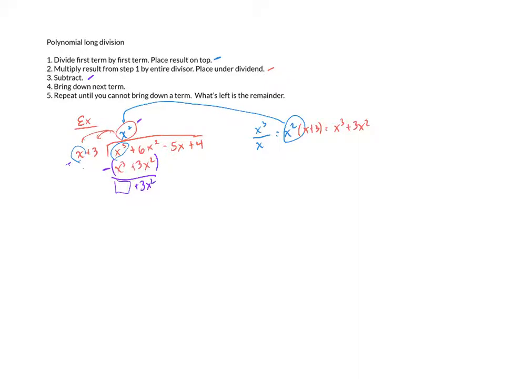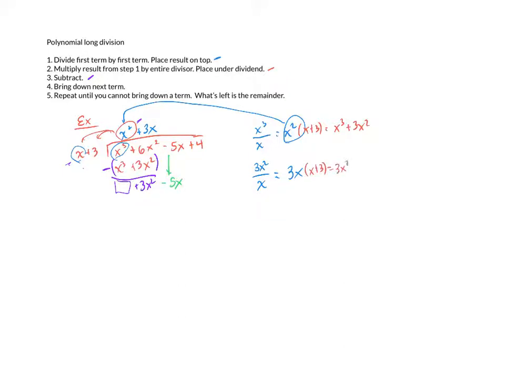Now I'm going to bring down my next term and repeat the process. So divide first terms. This time it'll be 3x squared divided by x, and that will give me positive 3x, so that would go up there. I'm going to multiply that by the entire divisor, which is x plus 3.